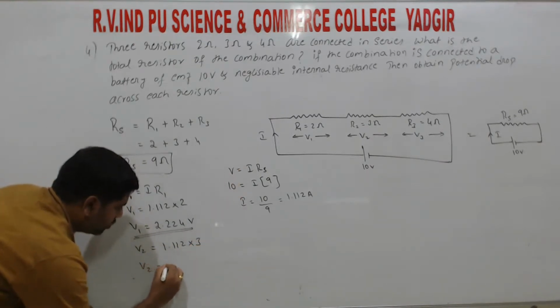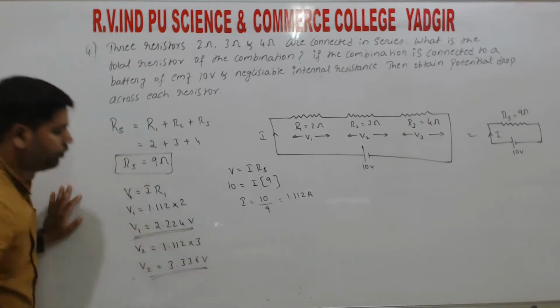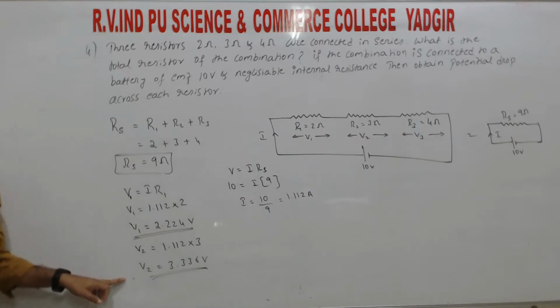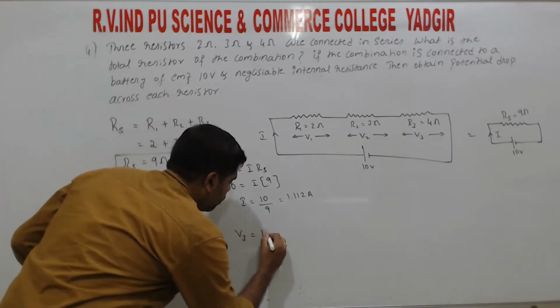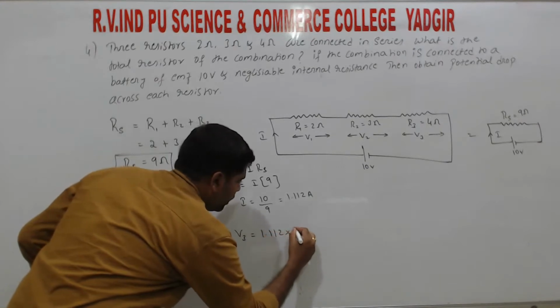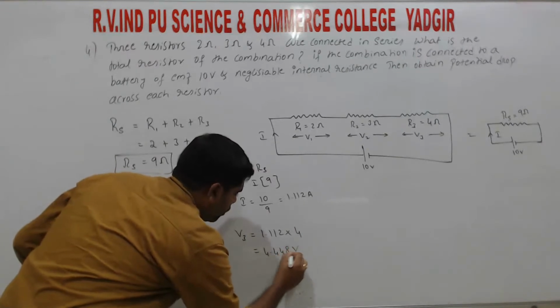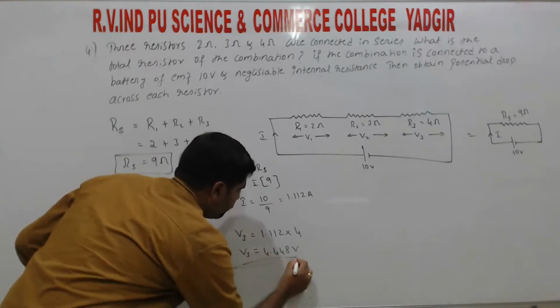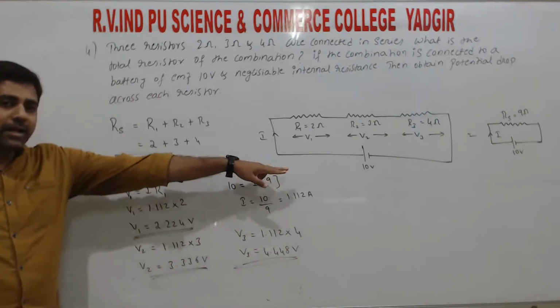So V2 is equal to 3.336 volt. This is the potential drop across the second resistor. And V3 is equal to 1.112 into 4, which is 4.448 volt.